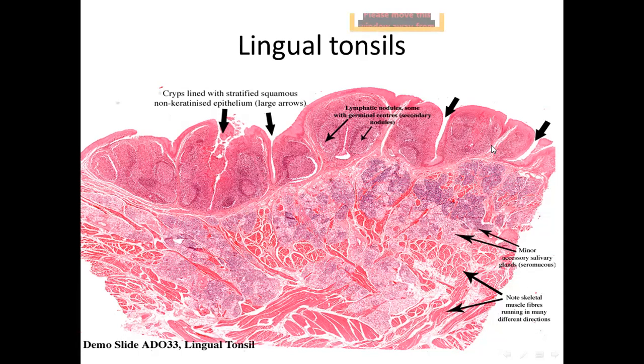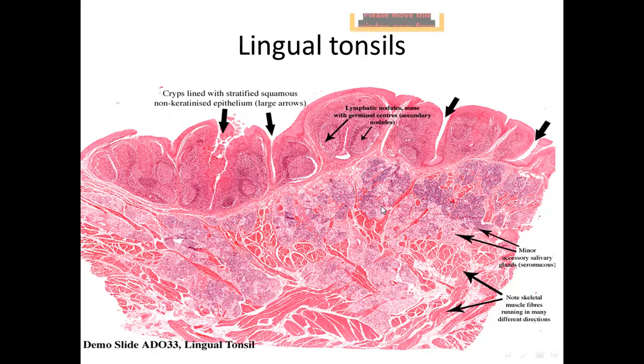These tonsils also have numerous crypts, as previously discussed, and they receive the ducts of the mucous minor salivary glands, so they open at the minor salivary glands.